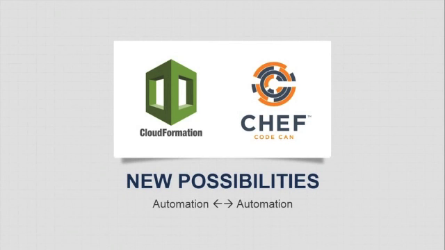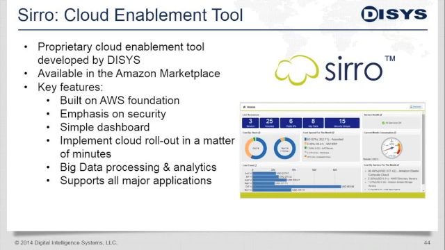As discussed, we are towards the end of the webinar here. We would like to discuss and show what Zero is and what its capabilities are. At a high level, Zero is a cloud-enabled tool, or more appropriately, a cloud accelerator. It is fully built on key foundations from Amazon.